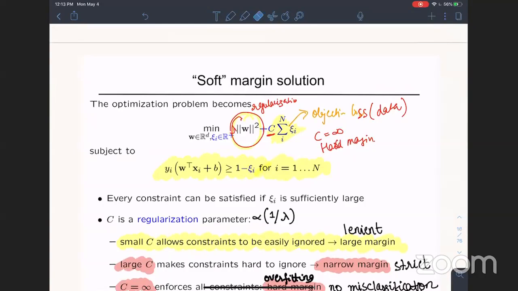See, you are relaxing the constraint. From greater than or equal to 1, you are now saying I'm going to take a 1 minus eta I approach, where beyond that everything should be correctly classified.